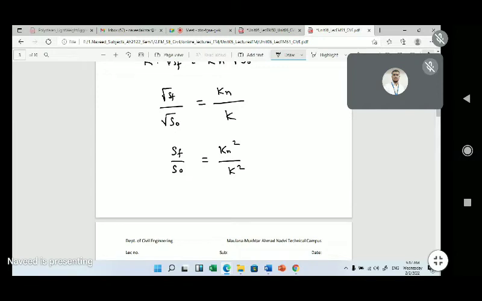Am I right? SF upon S0 is Kn square upon K square, or I can write (Kn upon K) whole square.